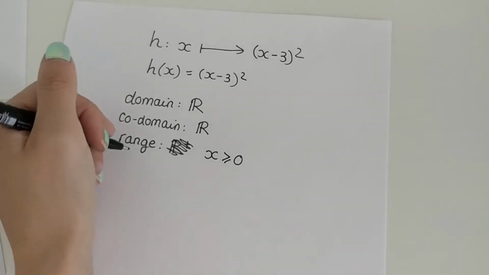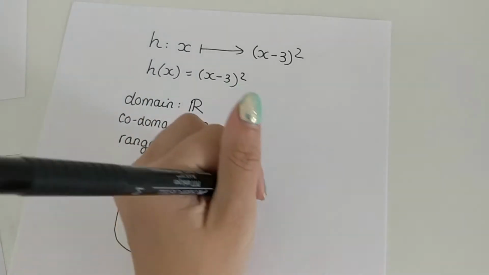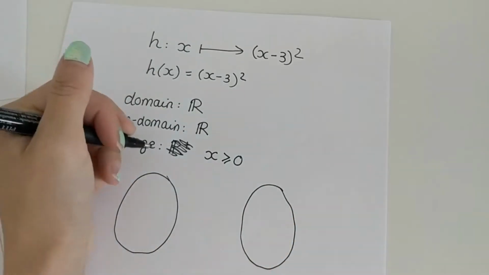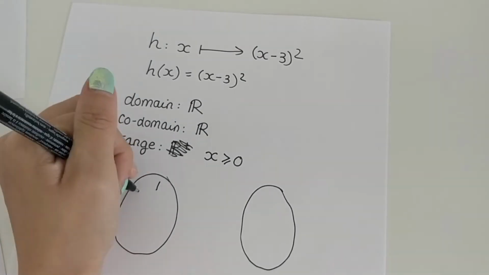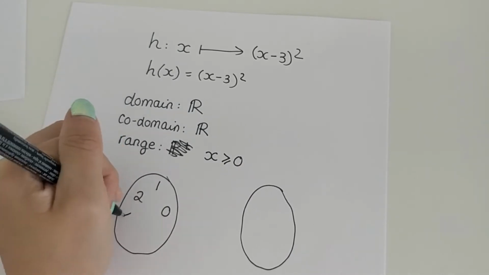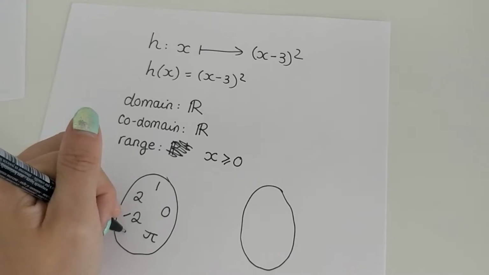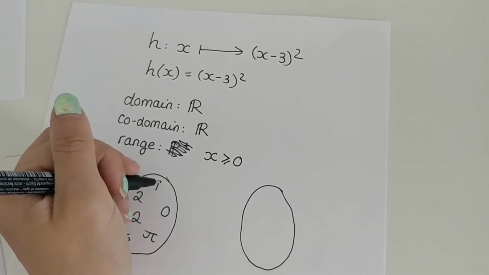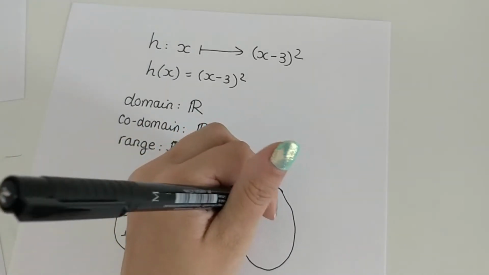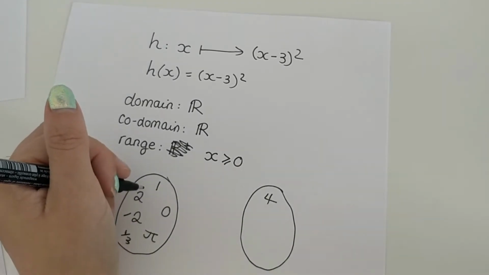Okay. Now let's think about one-to-one, many-to-one, etc. So if I put some numbers in here, 1, 2, 0, minus 2, pi, a third, I don't know. What would this be? 1 take away 3 is minus 2 squared is 4. I just realised I should probably have thought a bit more carefully about this.